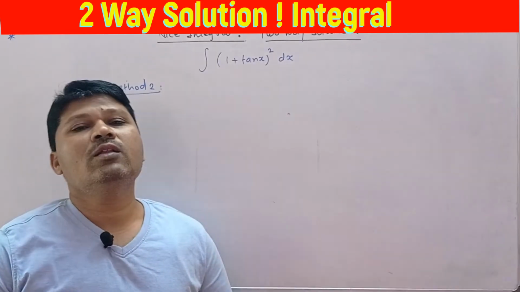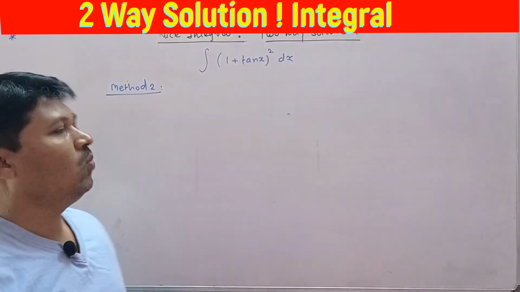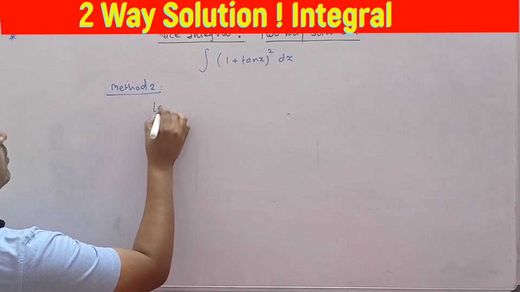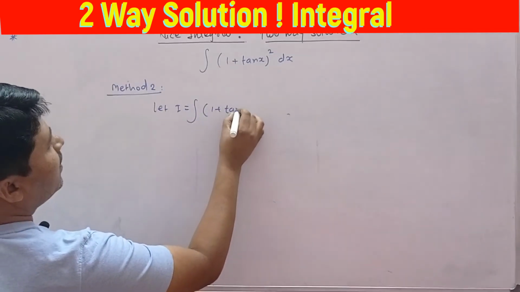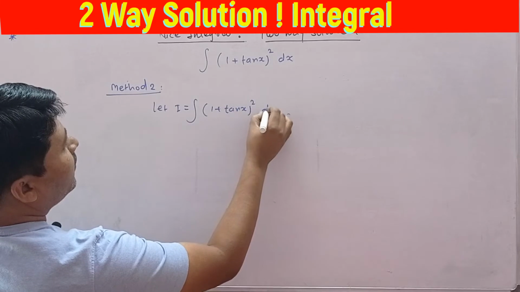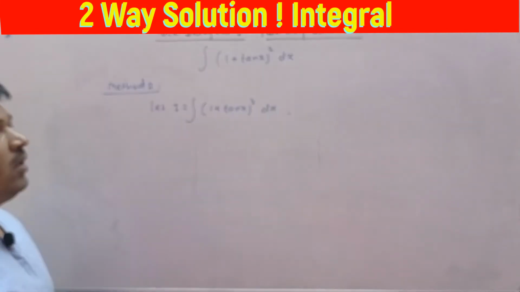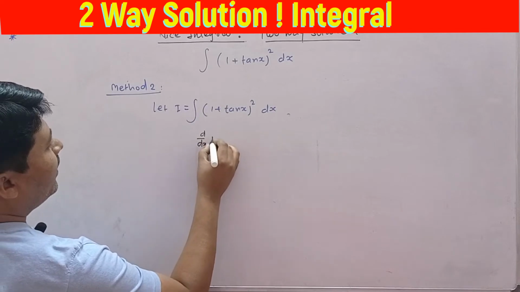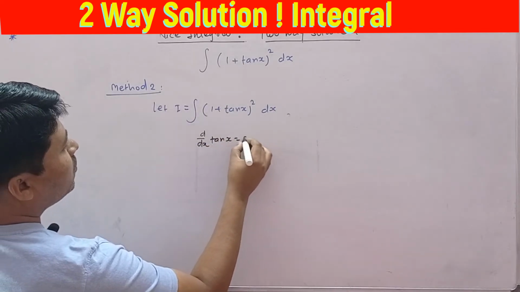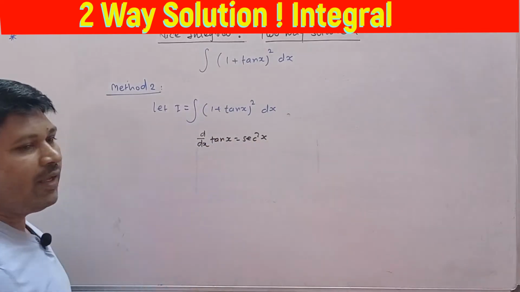Now we can find the solution by using method 2. I can write the given integration as it is, the integral of (1 plus tan x) whole square dx. We know that the derivative of tan x is sec square x.